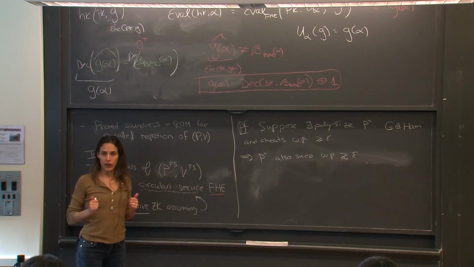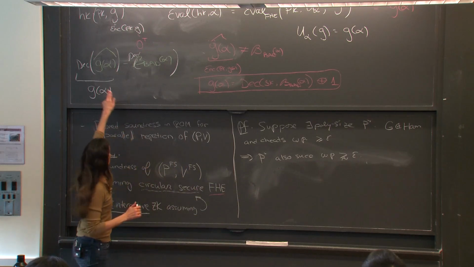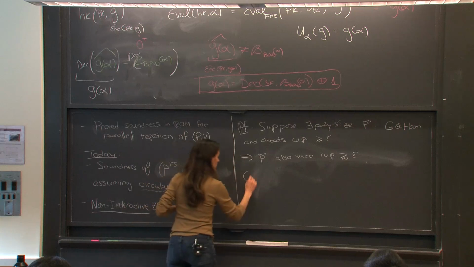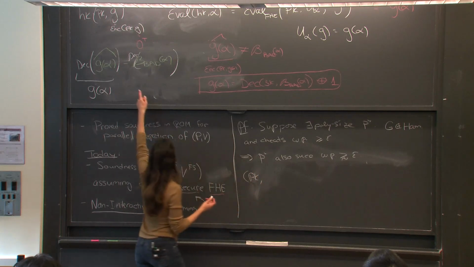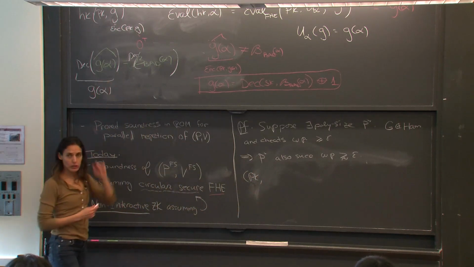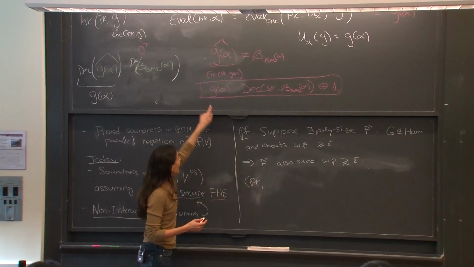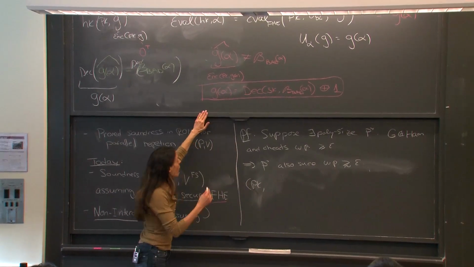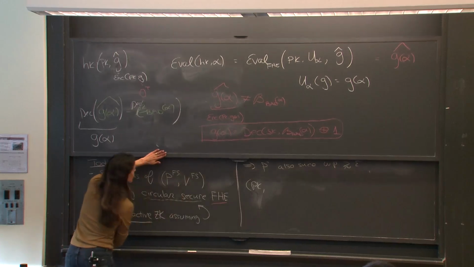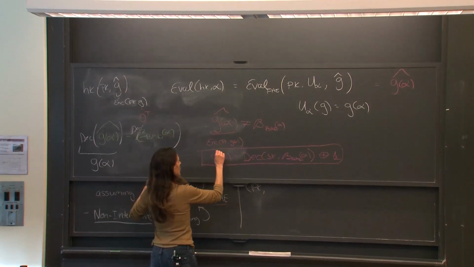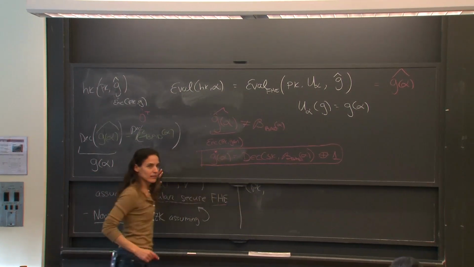If I change the hash key, before the hash key was public key and some encryption of some bogus G. Now I say it will also succeed if I take public key and this specific G. Let me call this G star. Okay, so that's the G in the analysis.